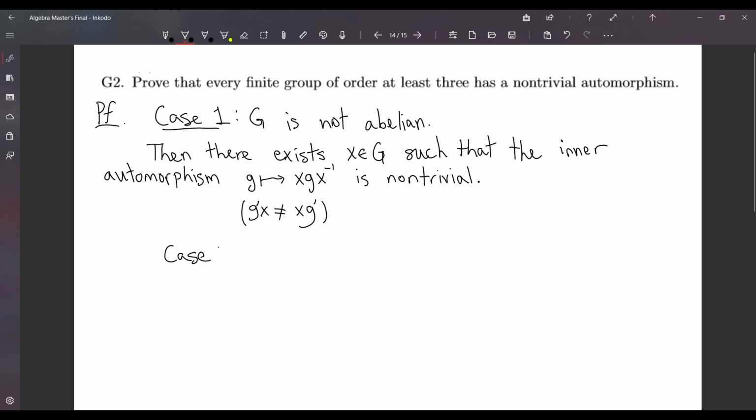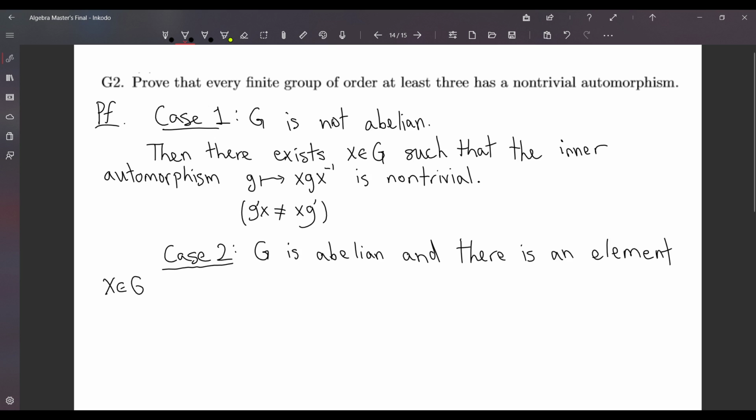The second case is that G is abelian and there is an element X in G such that X squared is not equal to the identity element.